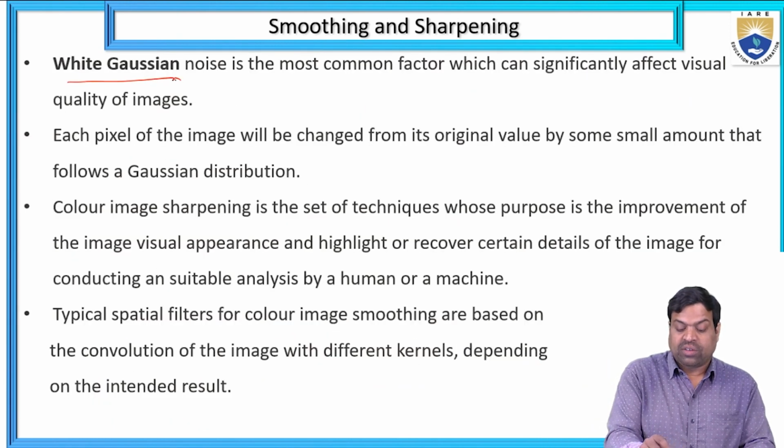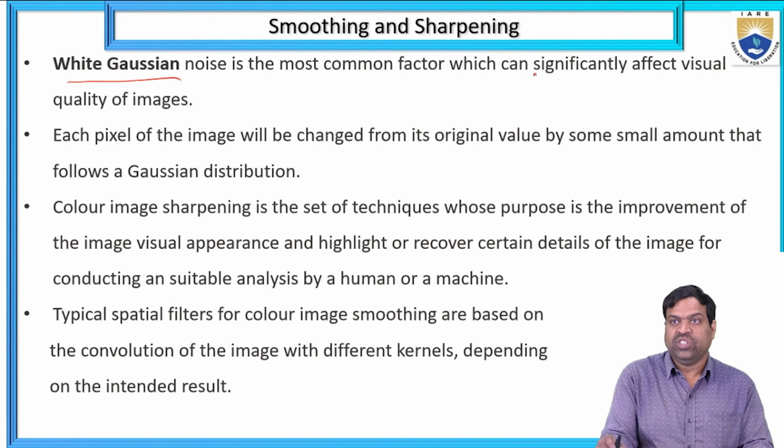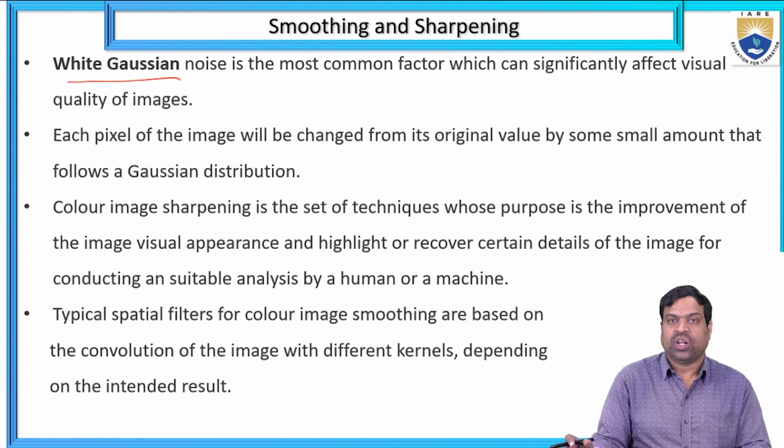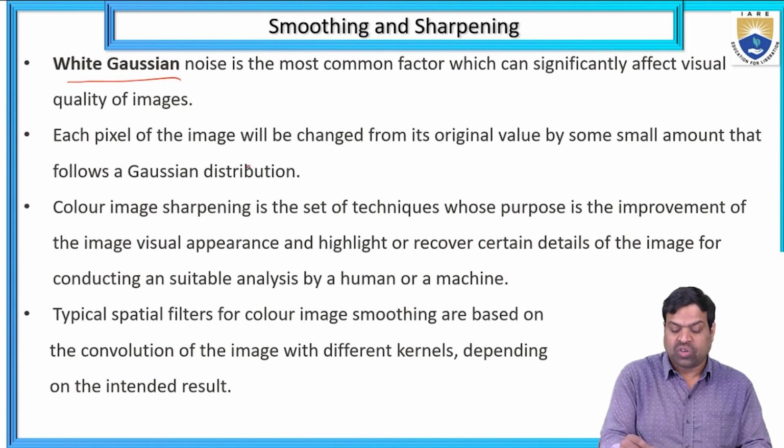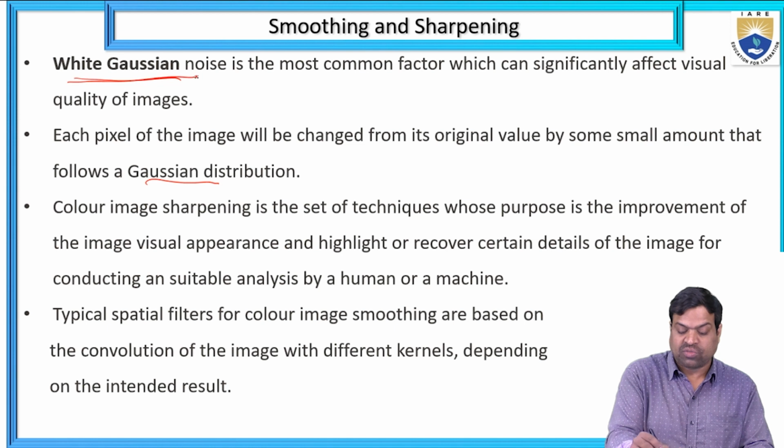When I'm using the white Gaussian transformation function, that noise is the most common factor which can significantly affect the visual quality of the image. Each pixel of the image will be changed from its original value by some small amount that follows a Gaussian distribution, a white Gaussian distribution.